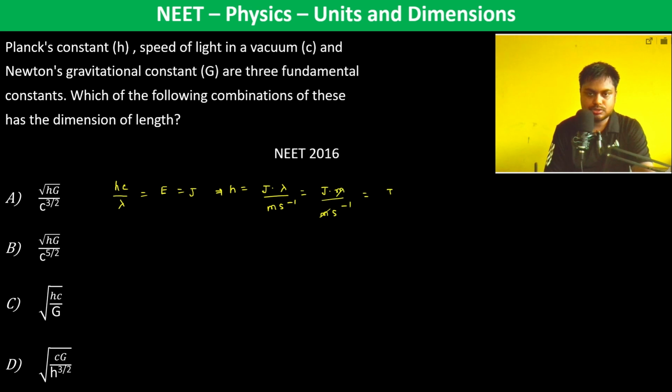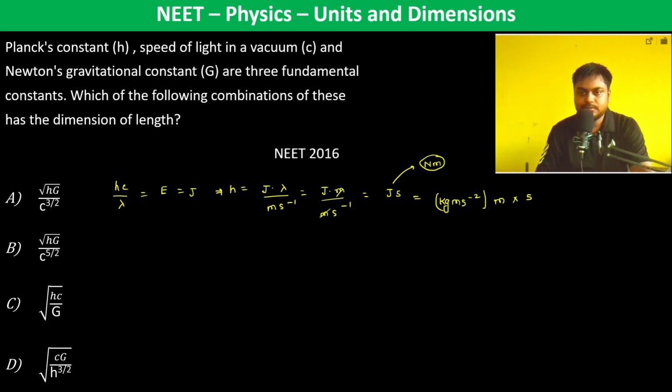So this is joule second, this is h, and this comes out to be Newton meter second, so kg m s minus 2. So this joule can be written as Newton meter, so kg m s minus 2, this is Newton meter into second. So this is kg m square s minus 1.